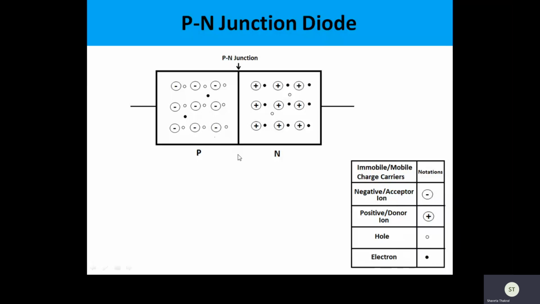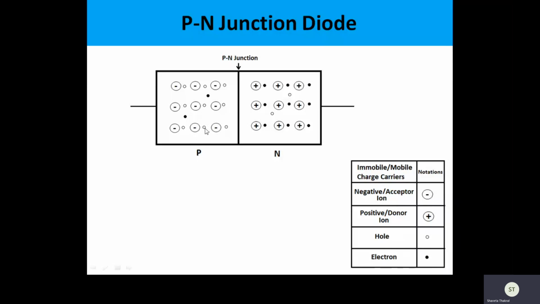If we talk about the different types of charge carriers in the p-type and the n-type extrinsic semiconductors, in every material we have majority charge carriers, minority charge carriers, as well as immobile ions. In the p-type extrinsic semiconductor, the majority charge carriers are holes, the minority charge carriers are electrons, and there are negative immobile ions.